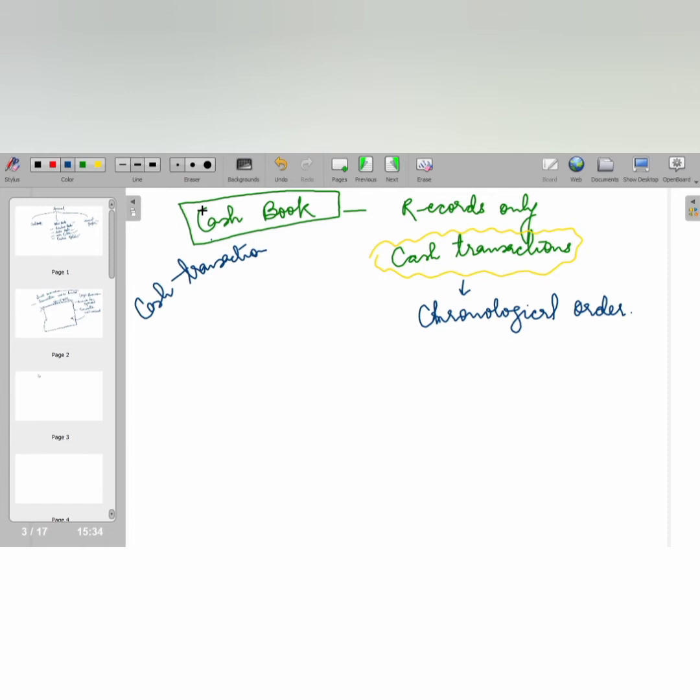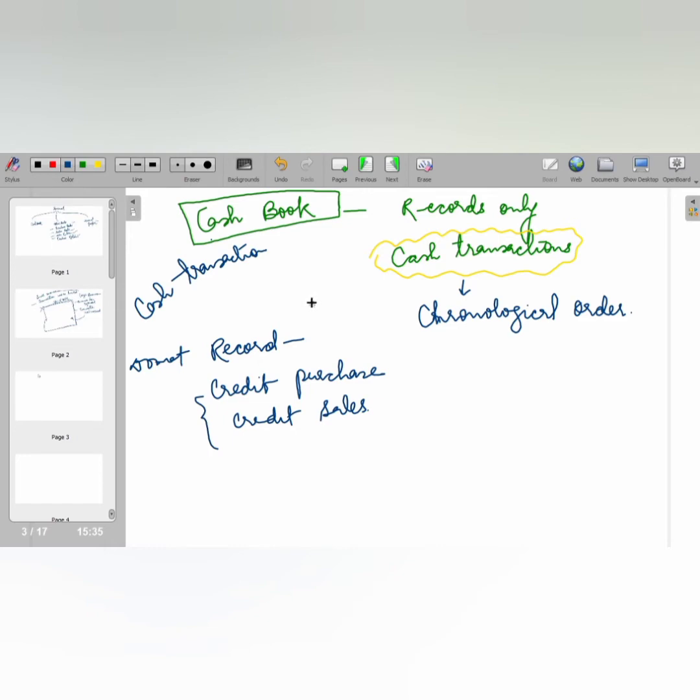Fine. It does not record credit purchase or credit sales. Okay, the credit term is not shown in the cash book.